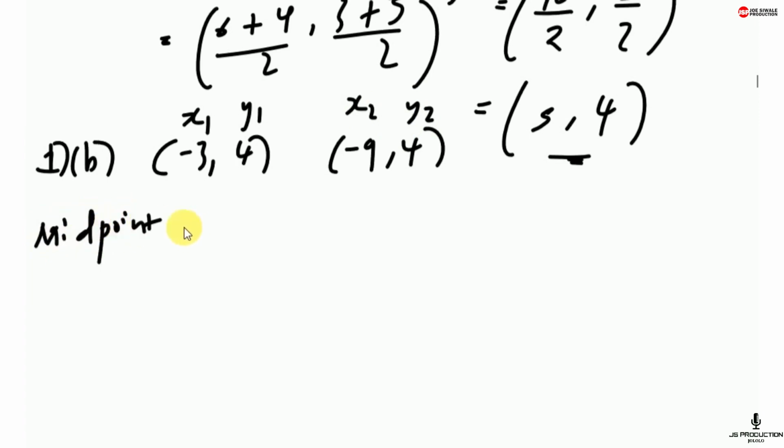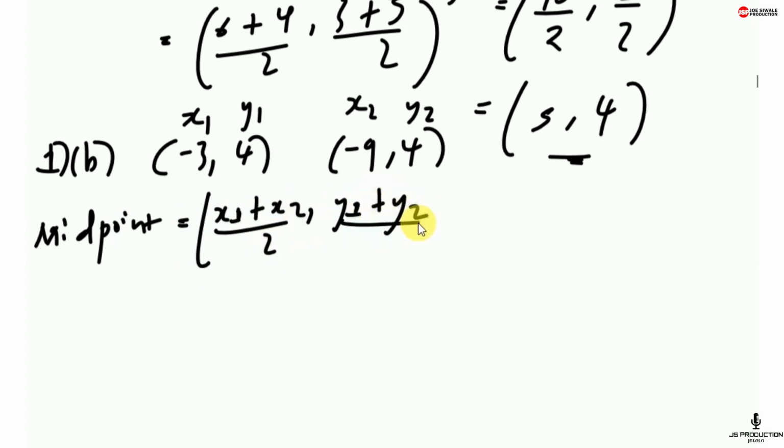Midpoint is equal to (x1 plus x2) divided by 2, (y1 plus y2) divided by 2. My x1 there is negative 3. Then we have a positive there.